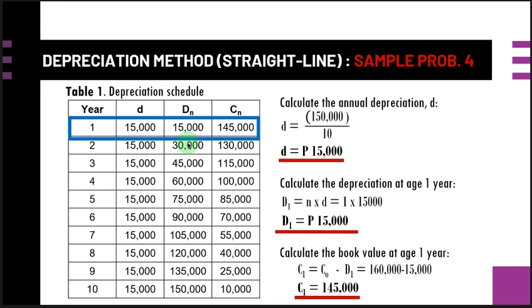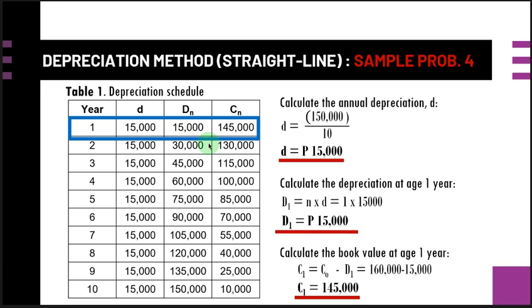For our second year, to get this D sub n, we use n equals 2. We replace n with 2, so 2 times 15 is 30,000. That is why this is 30,000 here.